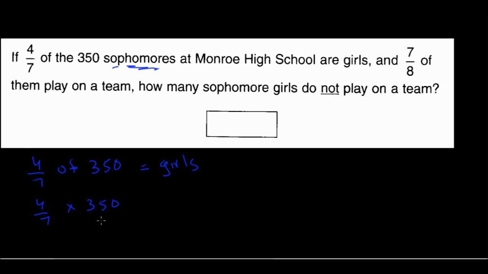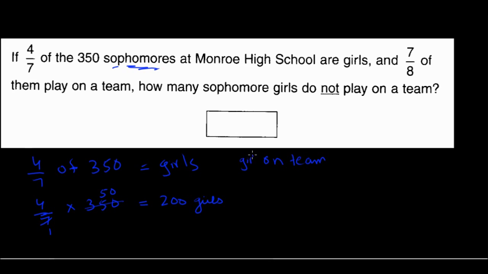So we can use the multiplication rules we just learned. 7 times 1 and 7 times 50 would give me 350. So 4 times 50 is 200 girls. So 200 girls are at Monroe High School. Alright, now let's find out how many of these girls are on a team.